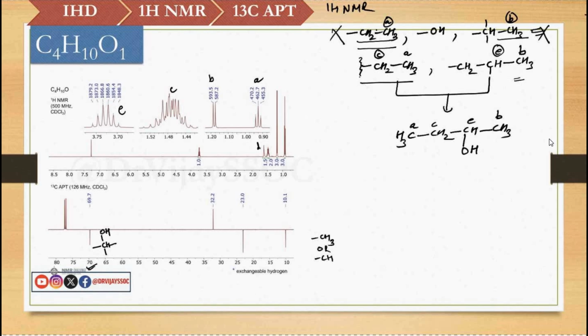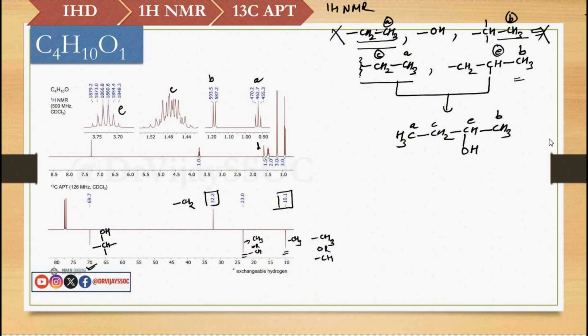This signal belongs to the CH2 because it is in the upward direction. And now there are two more signals, and we are sure that they are in the shielded region, so one could be CH3 for sure, but the other could be CH3 or CH. We are not 100% sure, but let's say we don't know exactly whether the signal is CH or CH3.